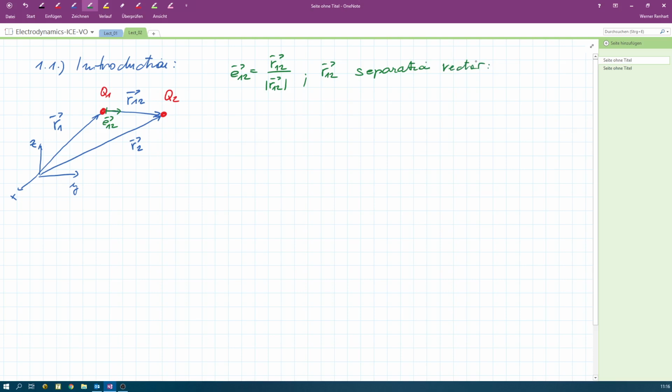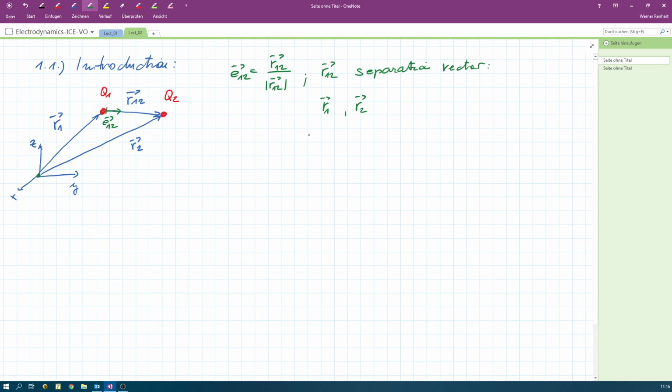Last time I mentioned two different notations. One is a point of interest, R2 may be a field point or whatever. These are local coordinate vectors stemming from the origin of an arbitrary coordinate system.